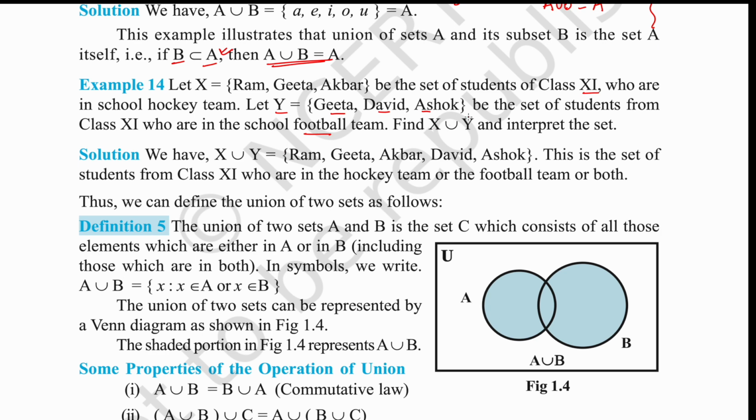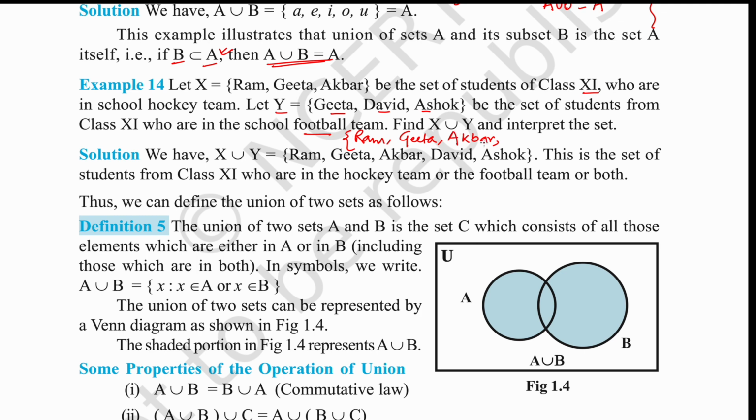Now you have to find X union Y. I hope you will be able to find X union Y because this set is going to contain all the elements from X and all the elements from Y. So all the elements from X being Ram, Sita, and then you have Akbar. So these are all the elements of set X.